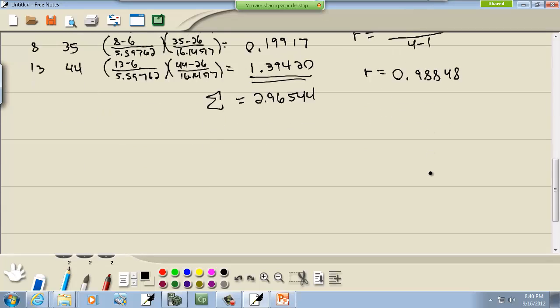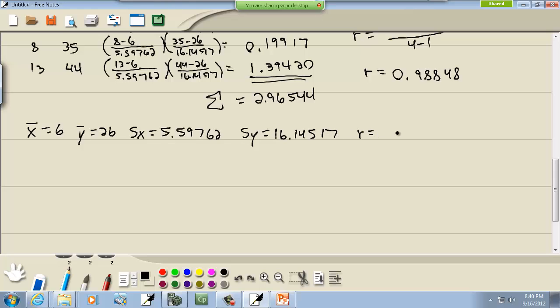So let me write down everything we found. X bar was 6, Y bar was 26, S sub X is equal to 5.59762, S sub Y is equal to 16.14517, and R is equal to 0.98848.